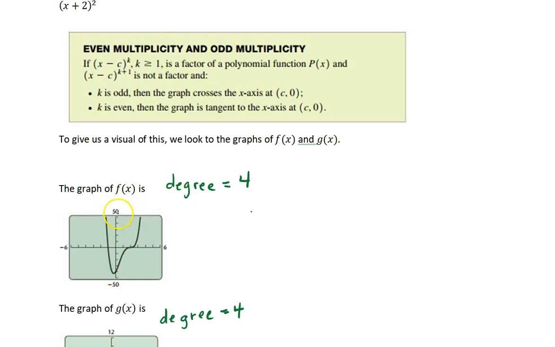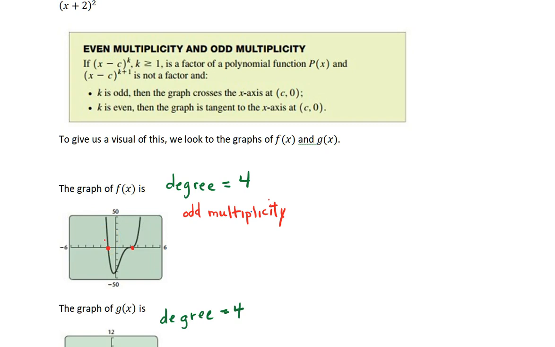Now, we take a look here, and I'm going to put this in red so it's real easy to see. Here is the -1, and here is the 2. Those are the points where we actually cross. Now remember, these have odd multiplicities, so they're both going to actually cross.